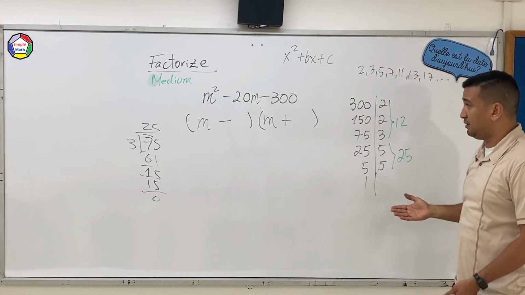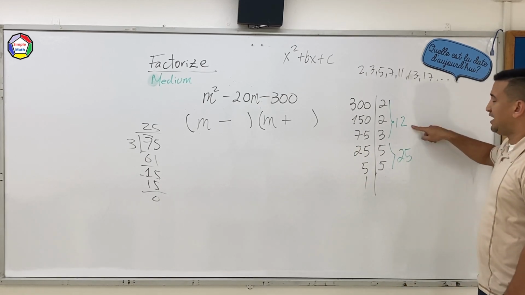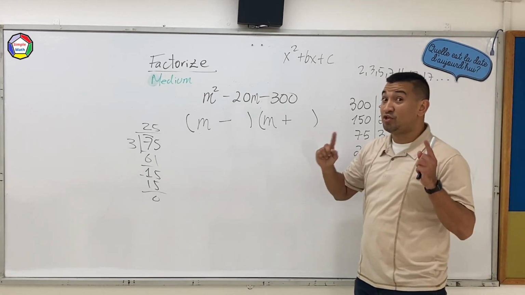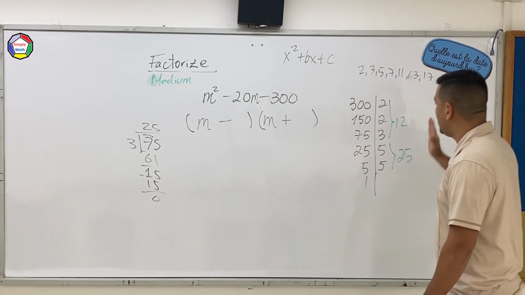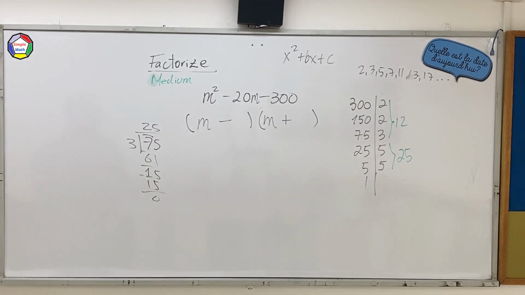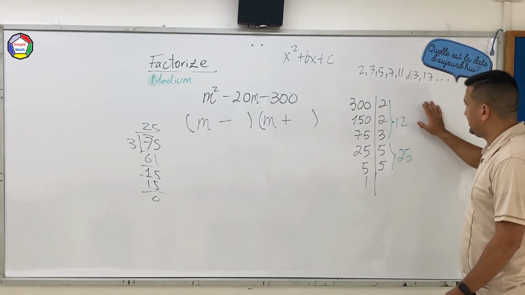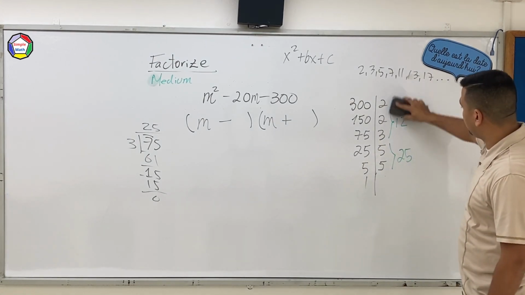But that is not the problem. The problem is the subtraction. If I subtract 25 and 12, the answer is not 20. So this combination doesn't work. Try to memorize the combinations you make.